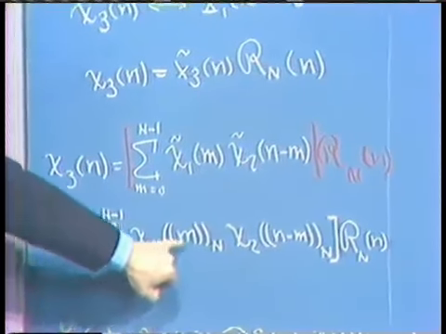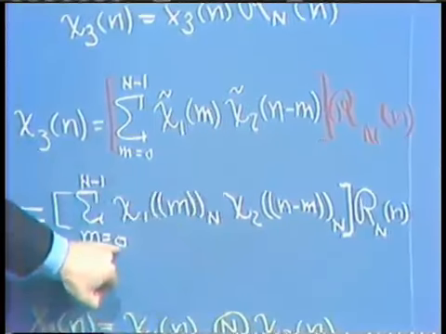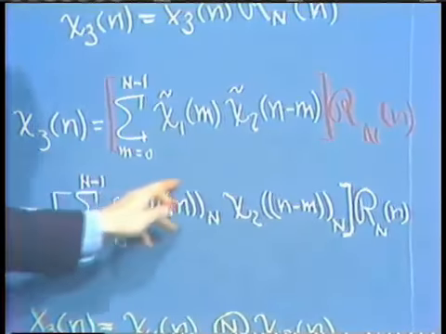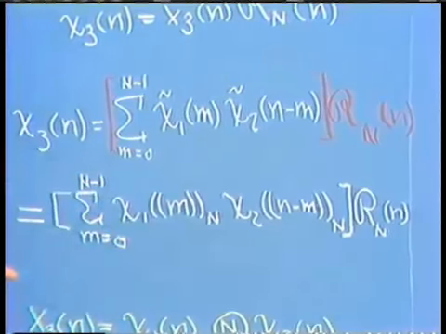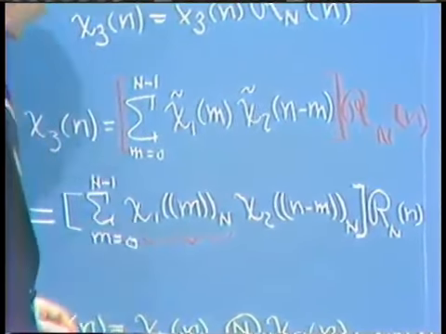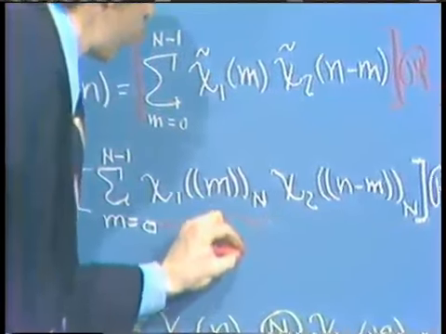Observe that we only use values of m in this expression in the interval from 0 to capital N minus 1. So in fact, although this is a periodic sequence, we're only using one period of it. So this piece is equivalently x1 of m.